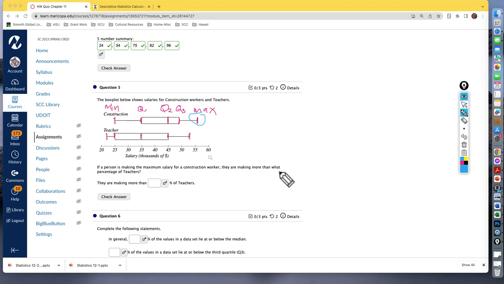They are making more than what percentage of the teachers? So how many teachers are below this amount? What percentage? Well, let me ask you this. 100%. Good. They're all there, right? Exactly. 100% of them. None of them are above, so they're all below.